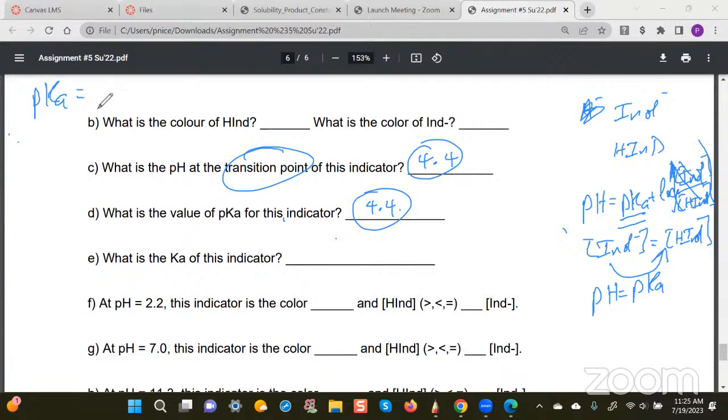What is pKa equal to by definition? Well, somebody should know this. Hello, hello, anybody there?